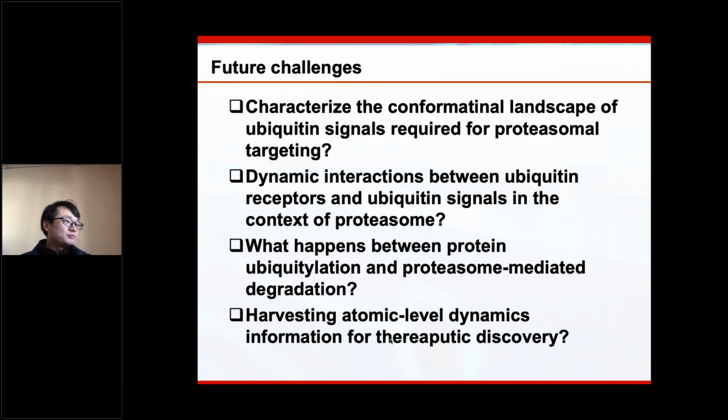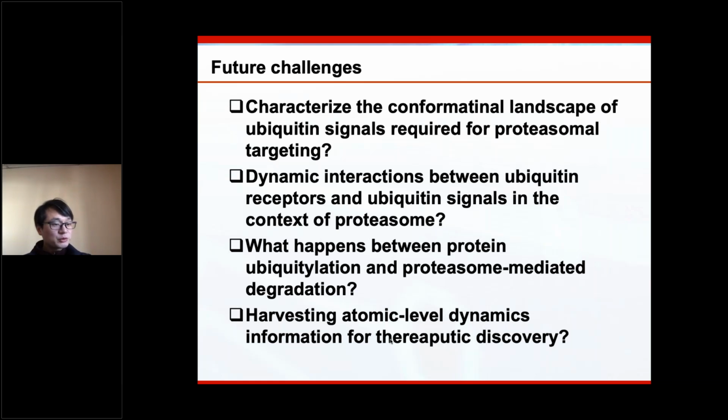And also, since now we can actually image this very sophisticated molecular machinery at atomic level to extract its dynamics information, we want to ask a question about how to harvest, how to convert this dynamic information into therapeutic or drug discoveries.